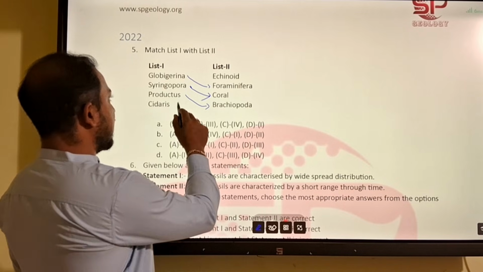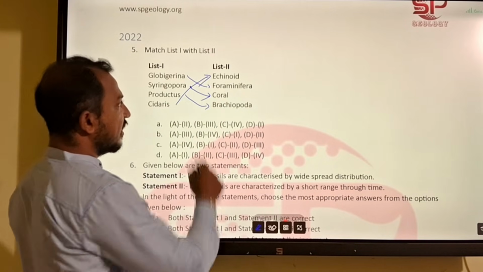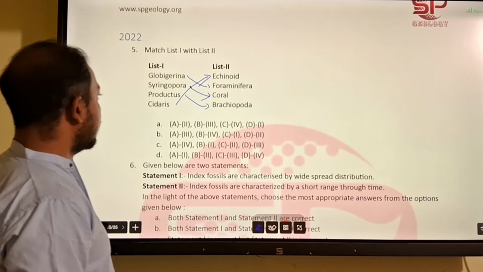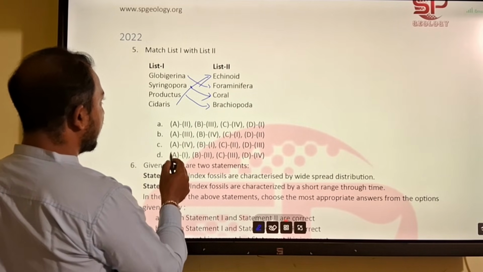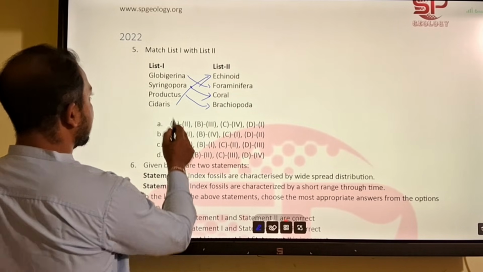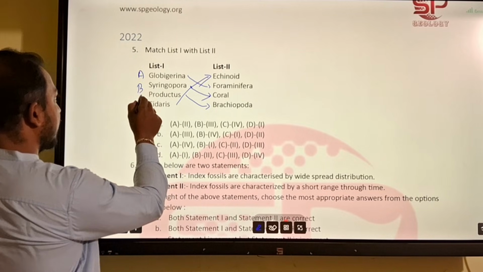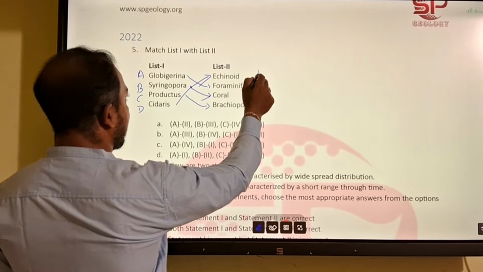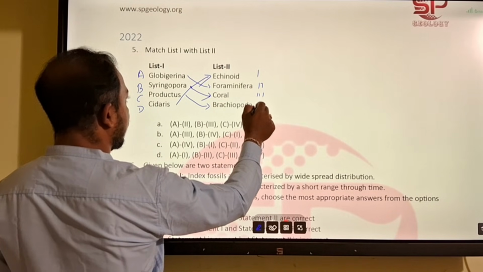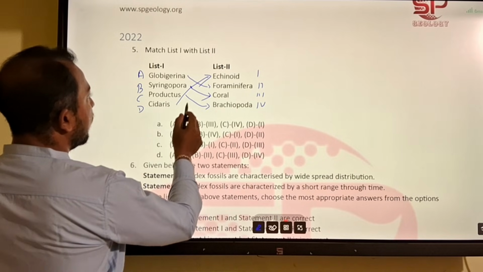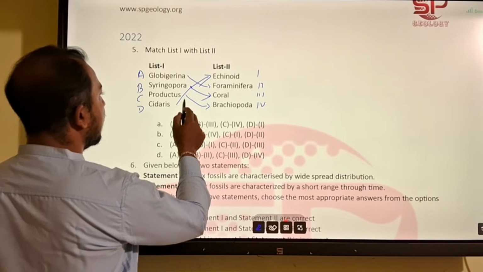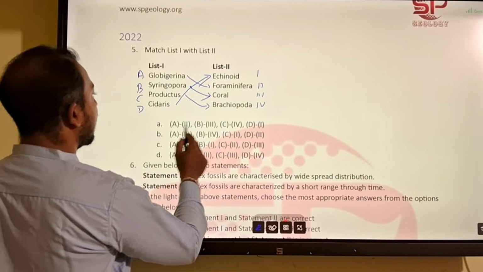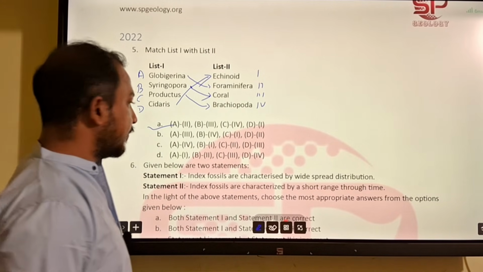Cidaris, Hemicidaris are echinoids. So Globigerina is Foraminifera: A is second, B is third, C is fourth, and D is one. So answer A will be correct.